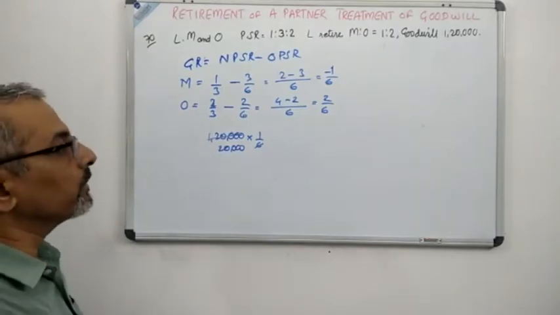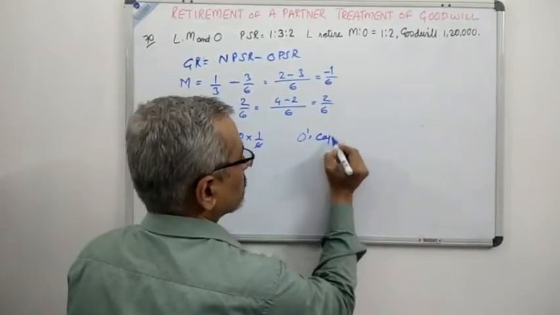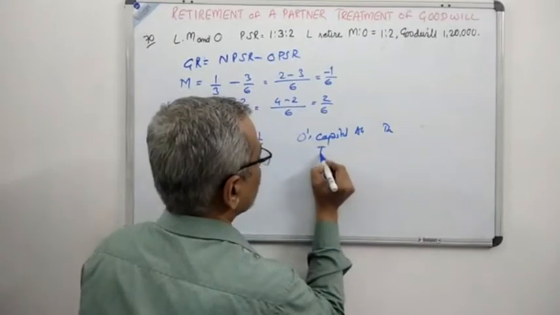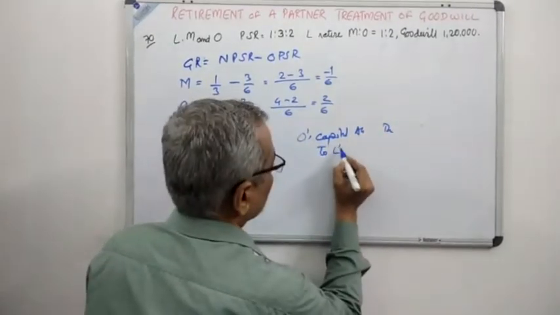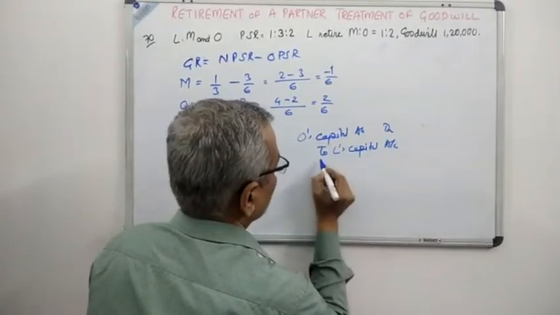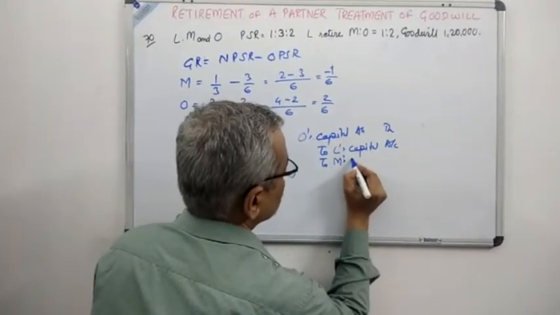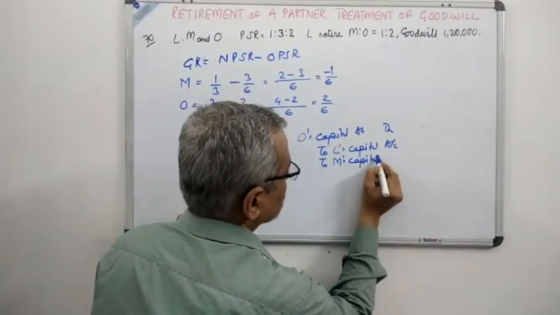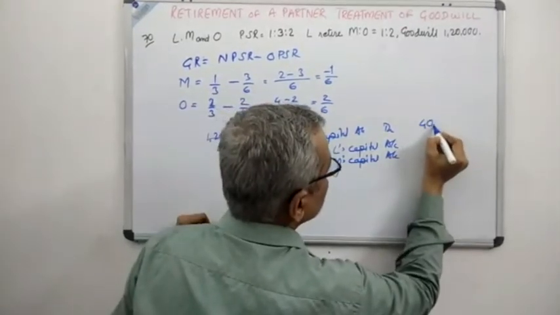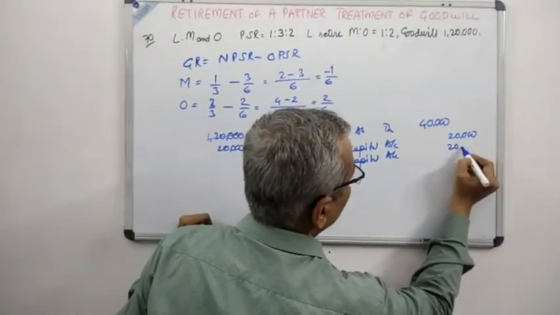So the journal entry in this case will be O's capital account debit 40,000, to the retiring partner L's capital account 20,000, and to the sacrificing partner M's capital account 20,000.